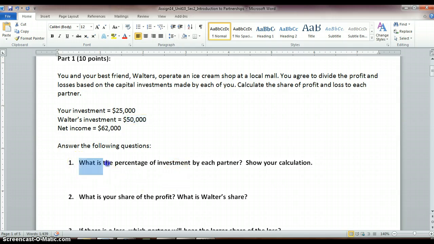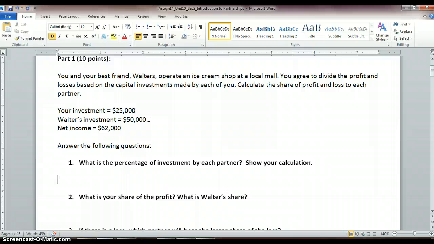So our first task is to find the percentage of investment by each partner. Show your calculation. To find the percentage of each investment, we're going to have to find the total investment into the business and then take each individual's investment divided by the total.